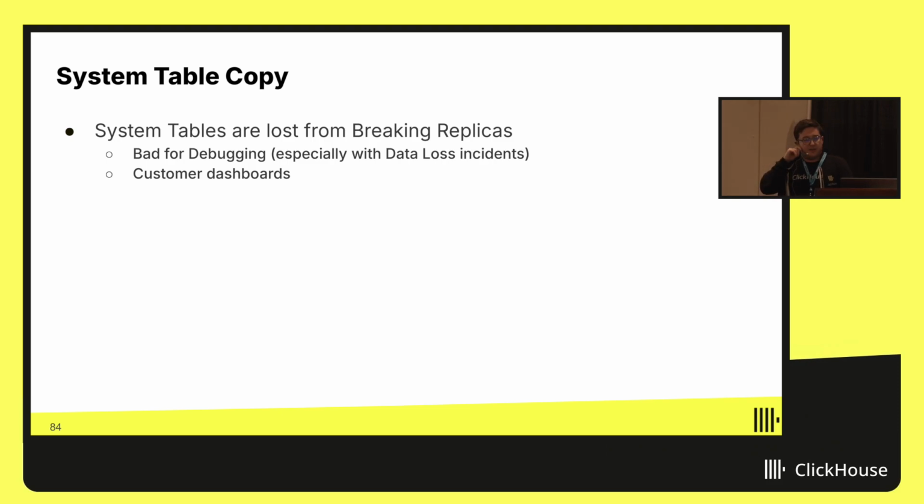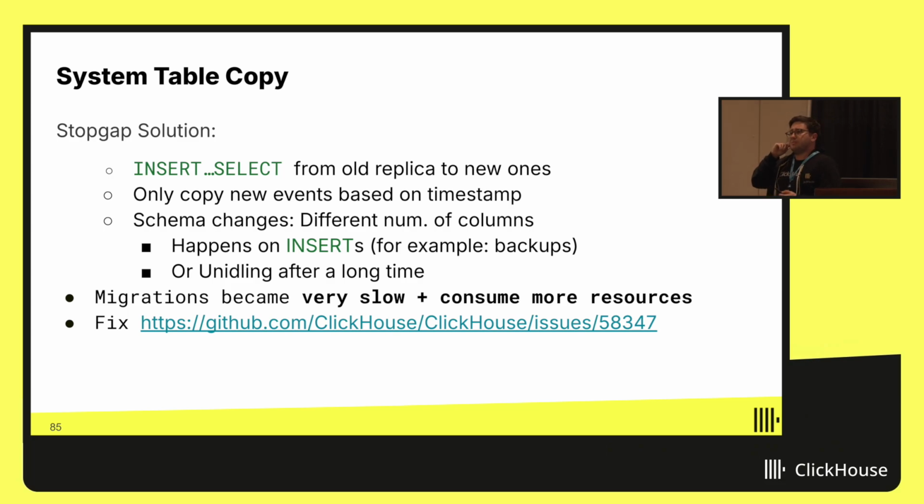And that's not great because it's useful to investigate these for data loss incidents. It's useful to look at it for historic metrics, for example, how queries performed in terms of memory and CPU and other dimensions. So for these migrations, we decided on a stopgap solution where we just copied this information during the sync phase. So in addition to system sync replica lightweight, to sync the part metadata, we also copied all of these system tables over.